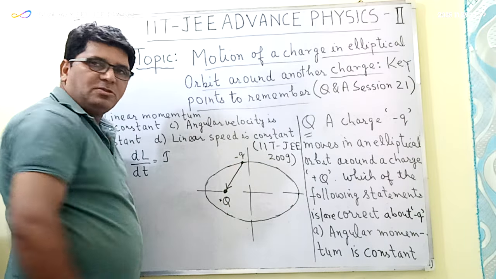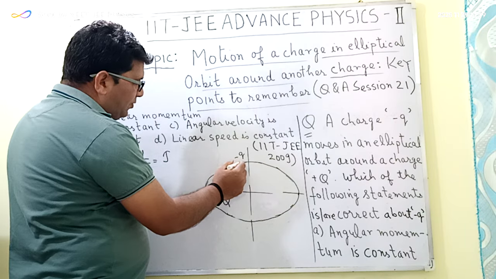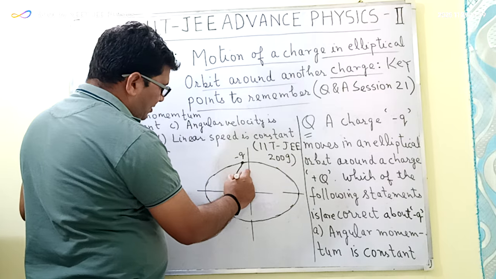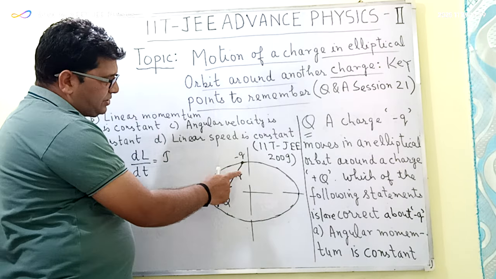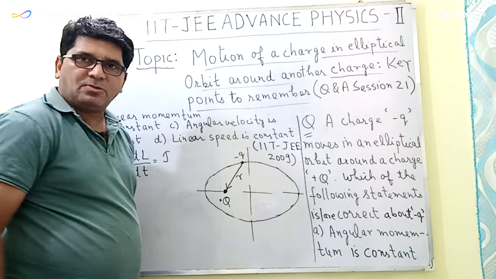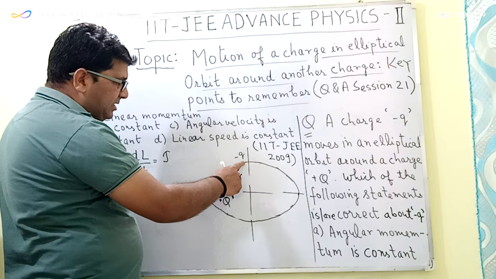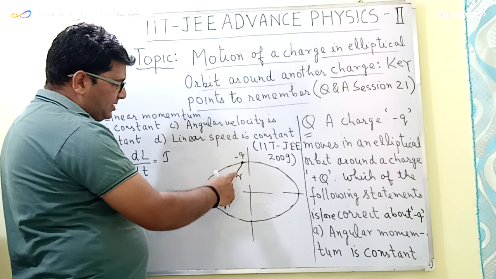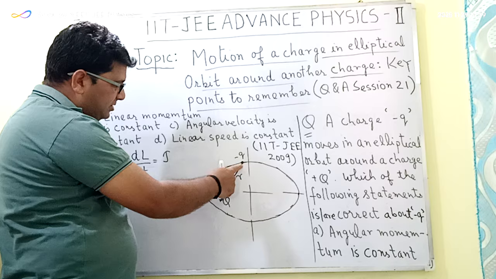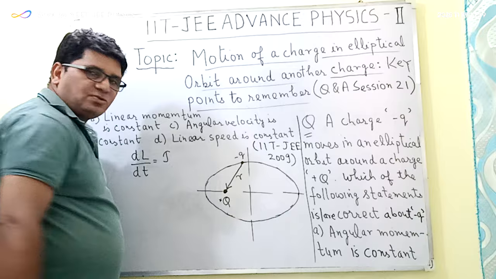Say this distance is equal to r. The force which is normal to this distance r is 0. There is an electrostatic attractive force between these two charges which is directed towards this positive charge q, and it is along this line which is joining these two charges.